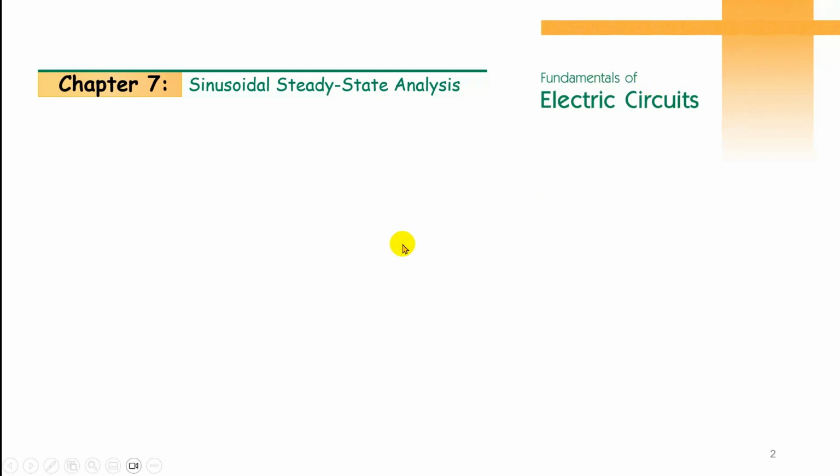After this we started AC circuits. Before the AC circuits we studied phasors, and before phasors we studied sinusoids, how a sinusoid behaves in AC circuits, meaning sine and cosine circuits. Then we studied phasors.